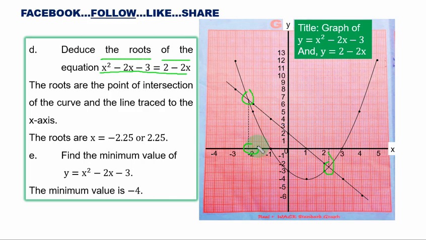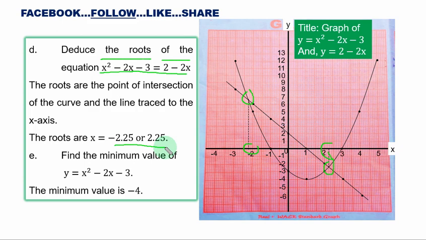In between must be -2.25. You know, on the x-axis, we said that one line is 0.1 unit. If you trace this point up, it's also in between 2.2 and 2.3. The middle becomes 2.25 as the roots of the curve and the line.